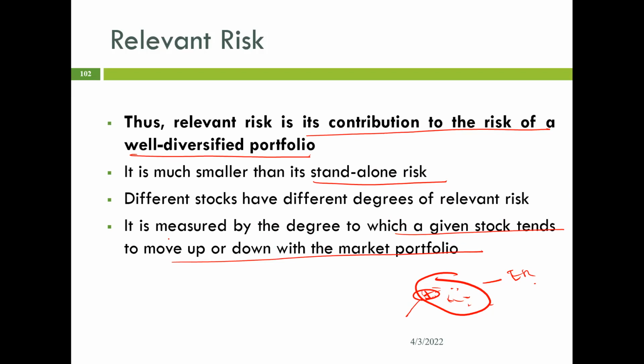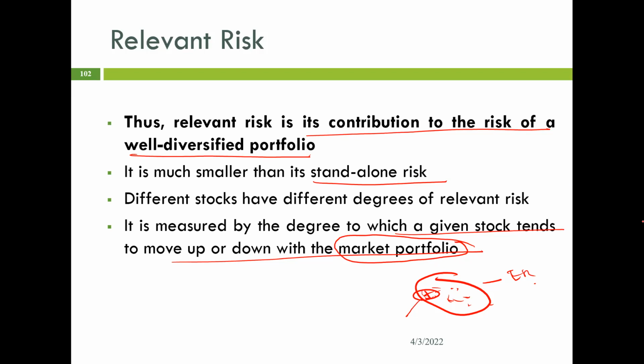So now we are coming to the market portfolio. This systematic risk you have to measure relative to the market portfolio. What is the market portfolio? Simply, the market portfolio means the portfolio of all risky assets.